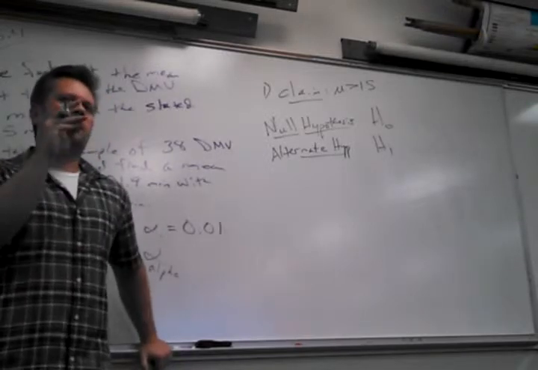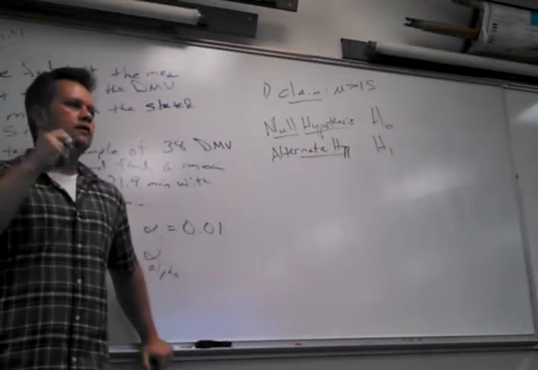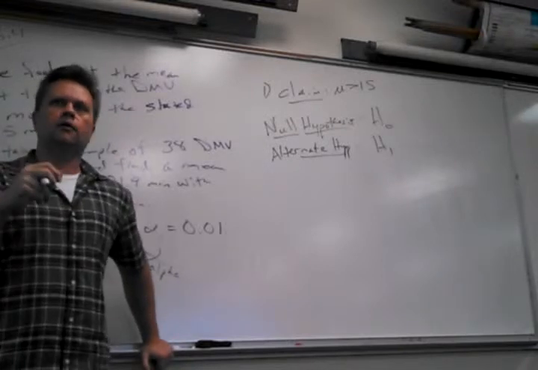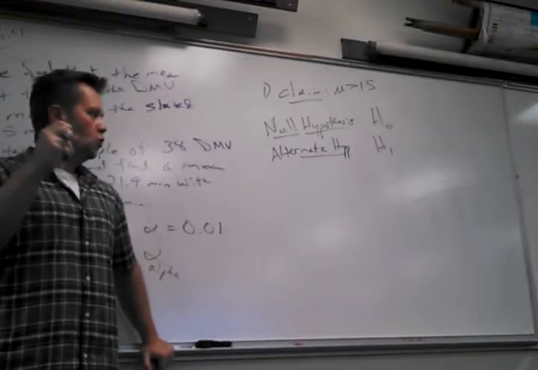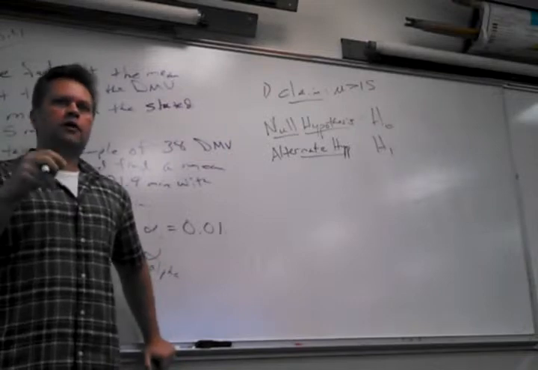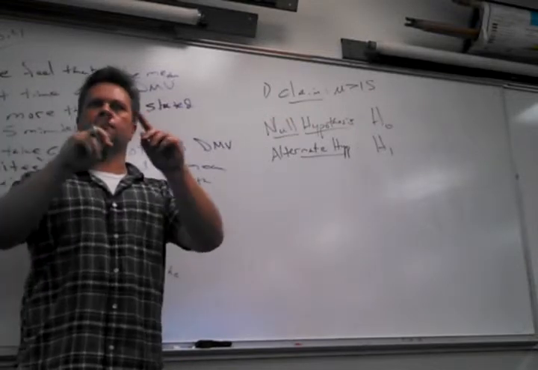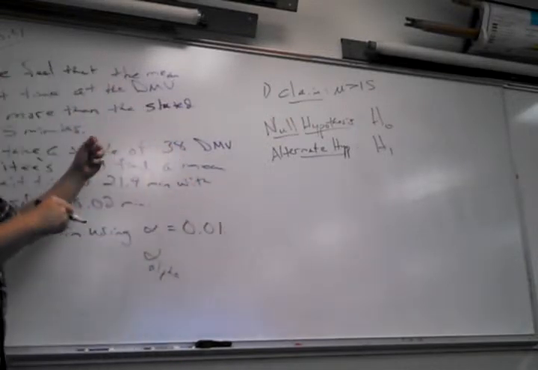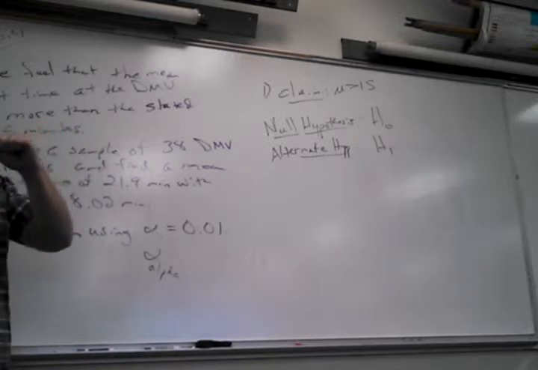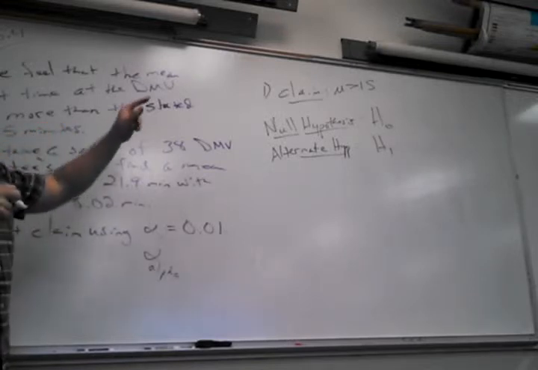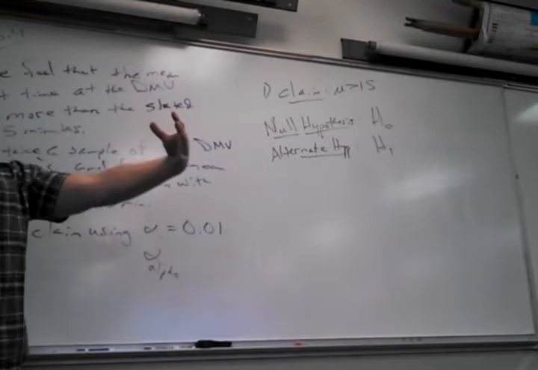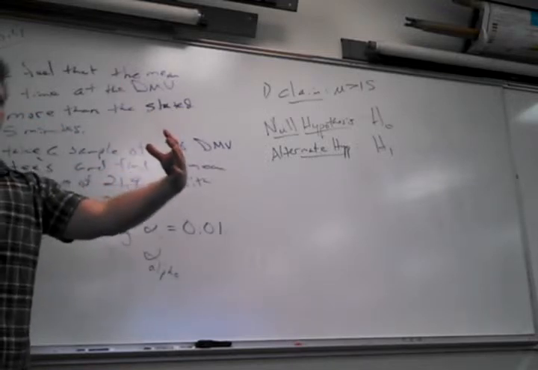So here's the thing. Just the way that we set these tests up, H1 will always be the one that tells me how many tails I've got. So how many tail tests will this be and where will the tail be? Can you tell me already? What do I want my sample to do? Where do I want it to end up?